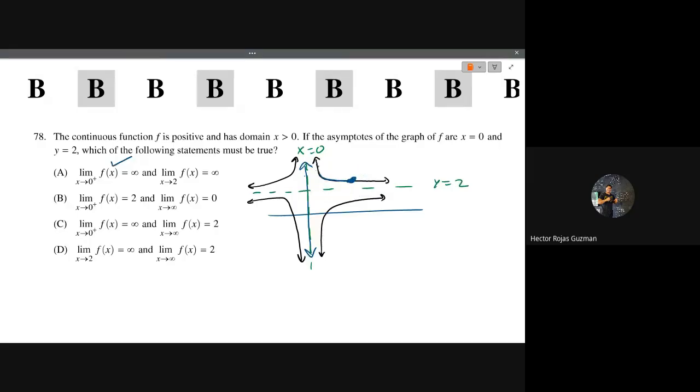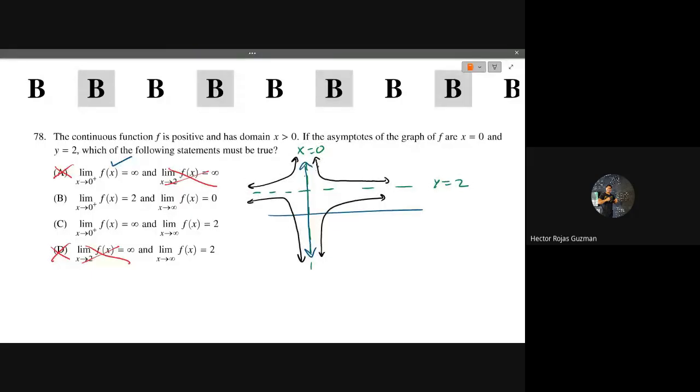That limit is a y value, whatever y value this happens to be. So that part is not true, and automatically this part is also not true. So there we go. B and A are not answers.